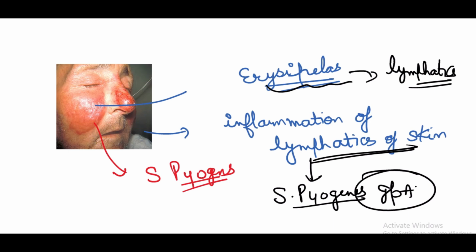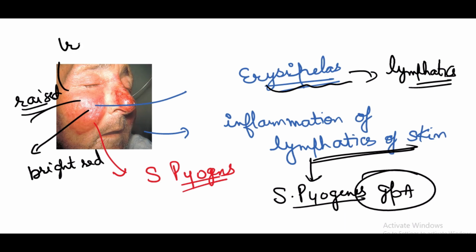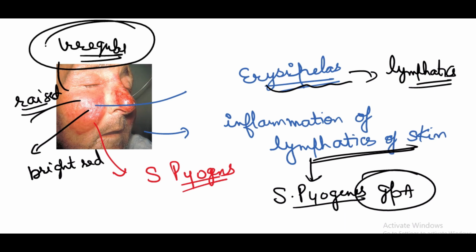The margin would appear bright red and slightly raised. The margin is irregular and packed with streptococci. On histopathology, you would see the lymphatic spaces in the skin filled with lymphocytes and mononuclear cells. There would be pus formation.